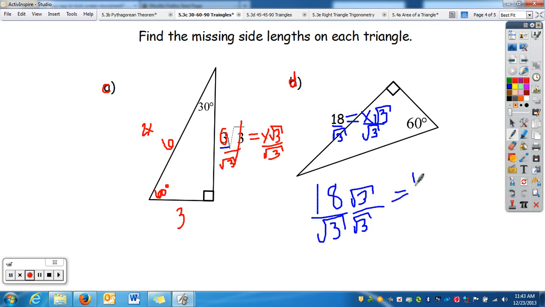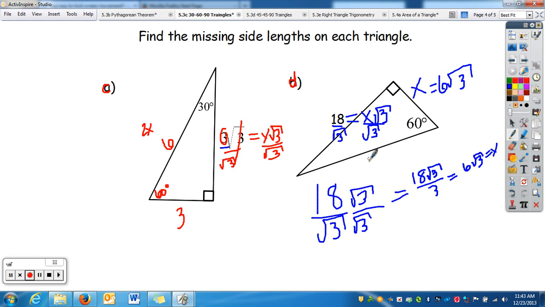So we have 18 square root of 3 over 3. We look on the outside to see if anything simplifies, which is 6 square root of 3. And that, again, is equal to x. Since this is my x side, this side equals 6 square root of 3.